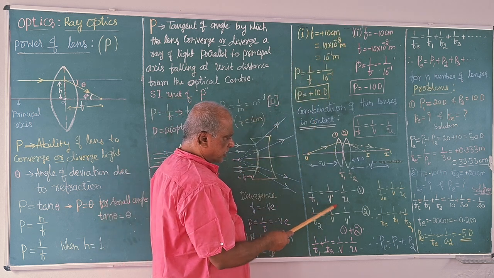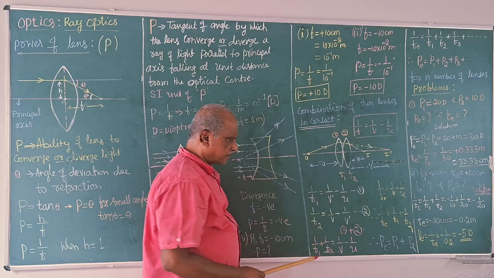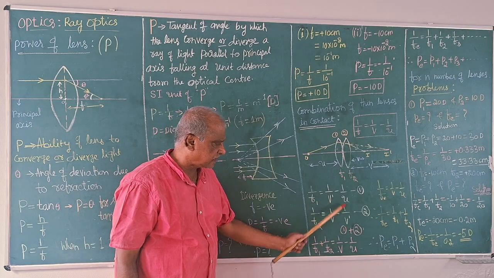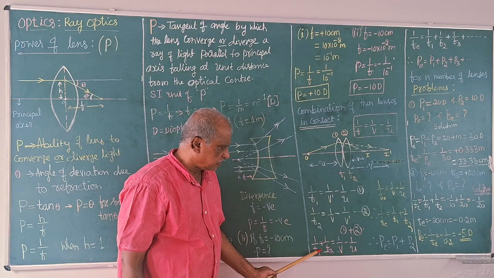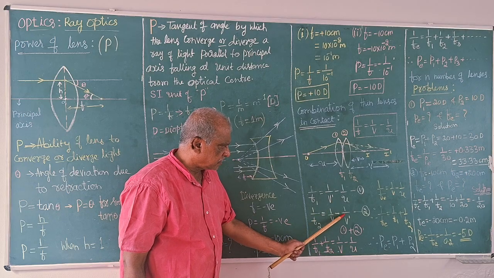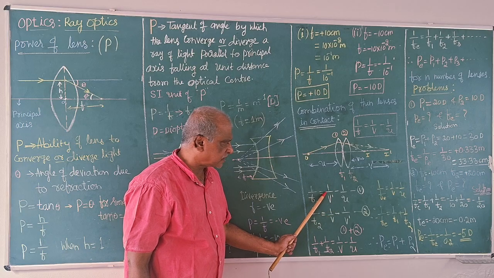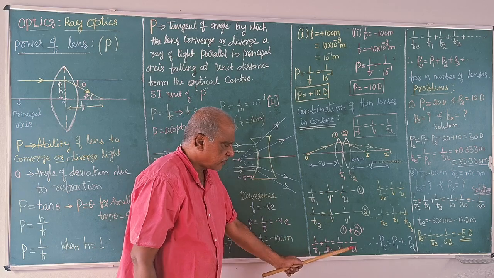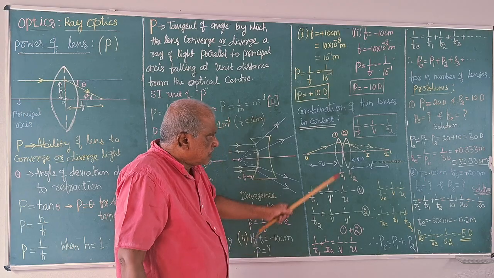So equation 1 plus equation 2, we get this. Sum of the left hand side separately, and sum of the right hand side. These terms are the same with opposite sign, plus and minus get cancelled, remaining is this. This is what you get for individual lenses.